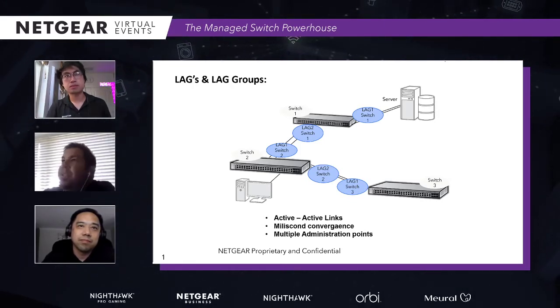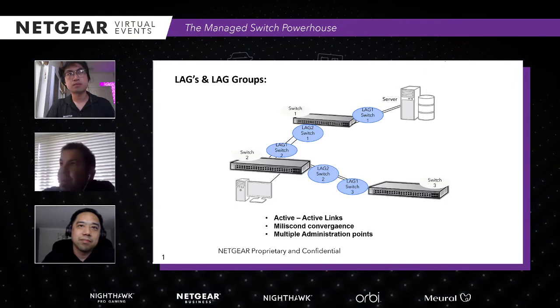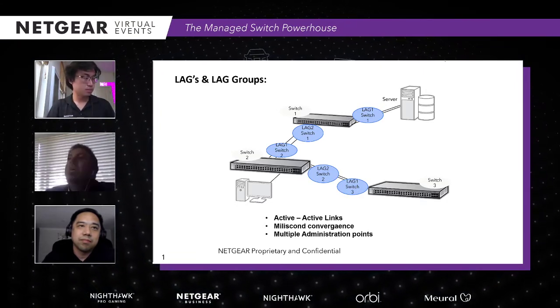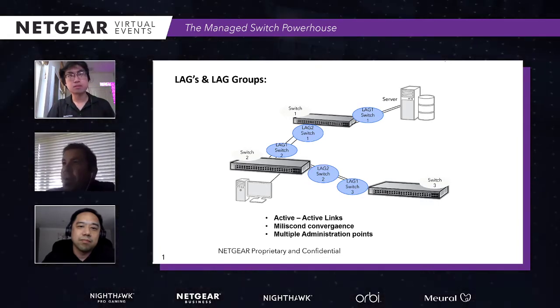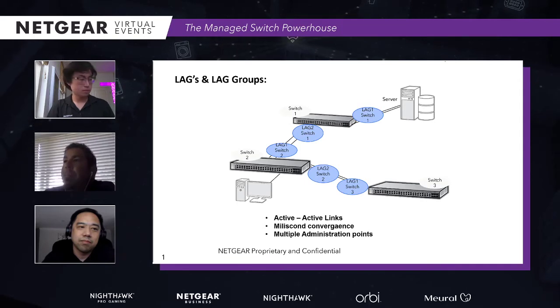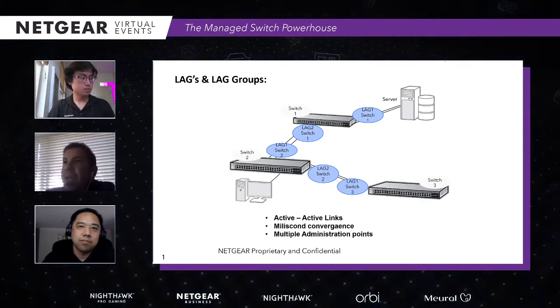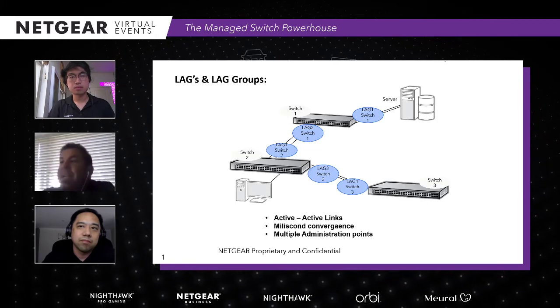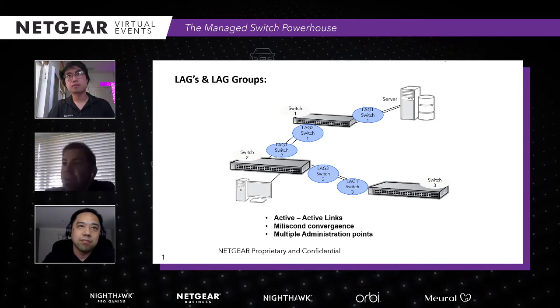The answer is, first and foremost, you're going to have 2 cables, uplinks, going from the router to the stack. The proper way to do this is you have 1 cable going from the router to the stack master, which is usually the top switch, and you have a second uplink going to the backup stack master.